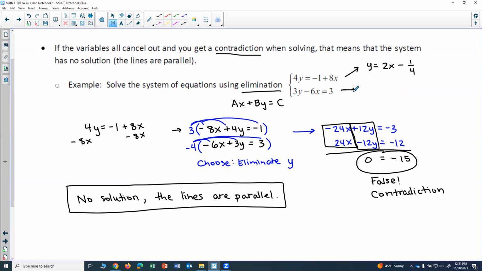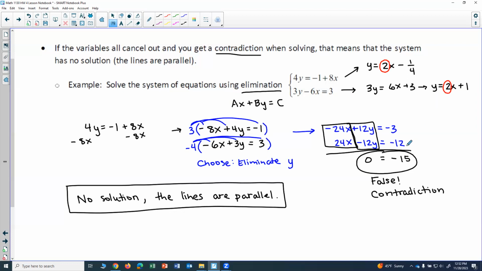The second line, I would add 6x to both sides. So I get 3y equals 6x plus 3, which would simplify to y equals 6 divided by 3 would give me 2x, 3 divided by 3 would give me 1, so 2x plus 1. So you can see that these two lines have the same slope, but they have different y-intercepts. So they're going to be parallel to one another and never cross.